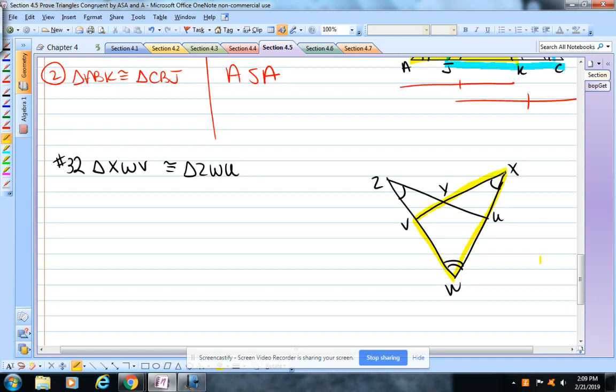Is congruent to triangle ZWU, which is this one. So I'm trying to prove that my yellow one is congruent to my blue one. And this is a blue line. It just mixed with the yellow and it made it green. Same way here. So that's what I'm trying to prove, is that my yellow one is congruent to my blue one.